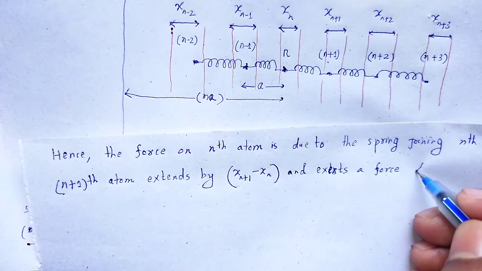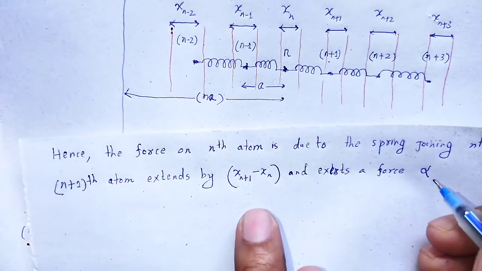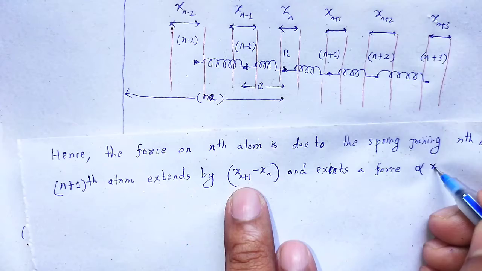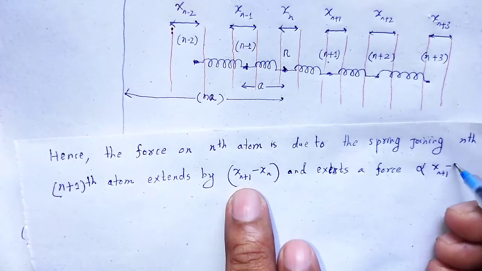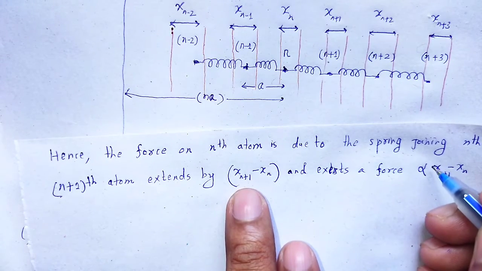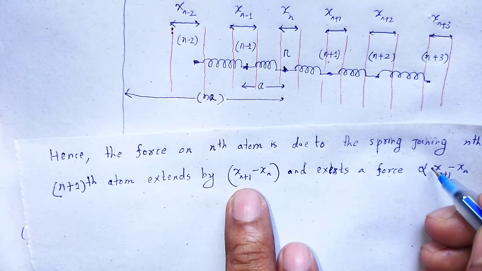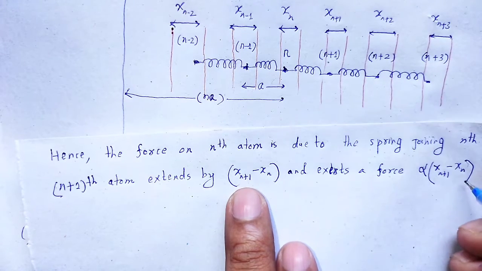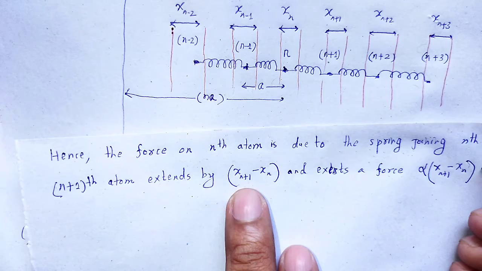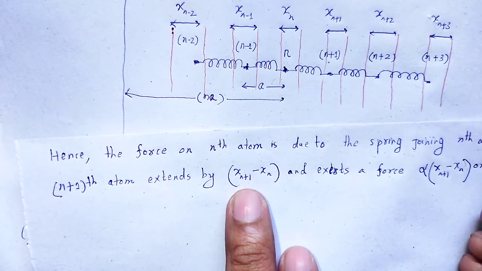That force is the spring constant alpha into the displacement. Displacement is x n plus 1 minus x n, on the nth atom.